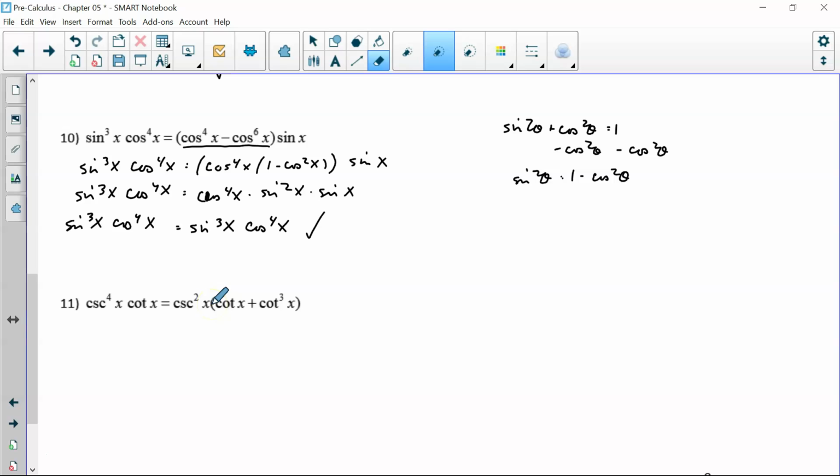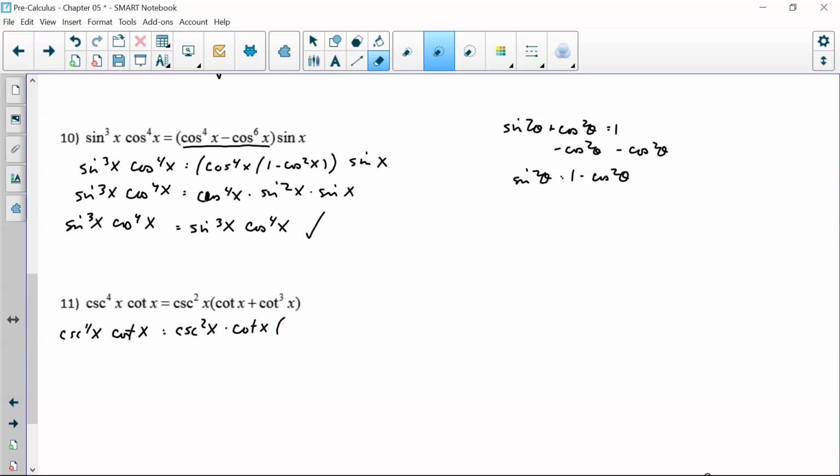Looking at this one, I need a cosecant to the fourth of x times cotangent of x. I'm going to rewrite the right-hand side. So I have my cosecant squared of x, and now cotangent of x, cotangent cubed of x. I can factor out a cotangent.